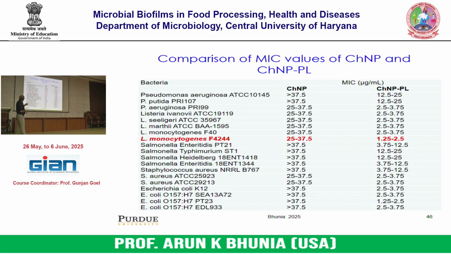So CHNP, chitosan nanoparticle, if it has a 25 to 37 MIC value, and here you can see very low doses, you can achieve the same killing, right? So that means conjugated chitosan nanoparticle with antimicrobials is more effective than the chitosan nanoparticle alone.